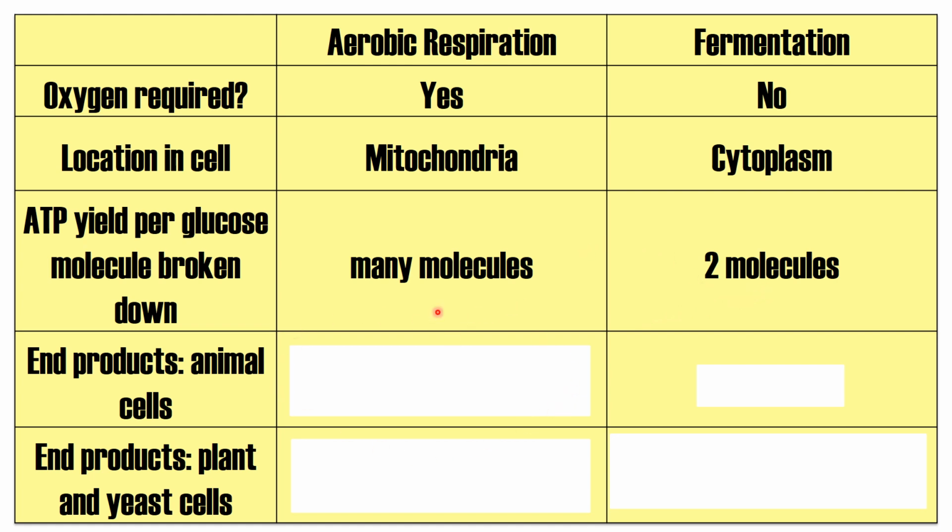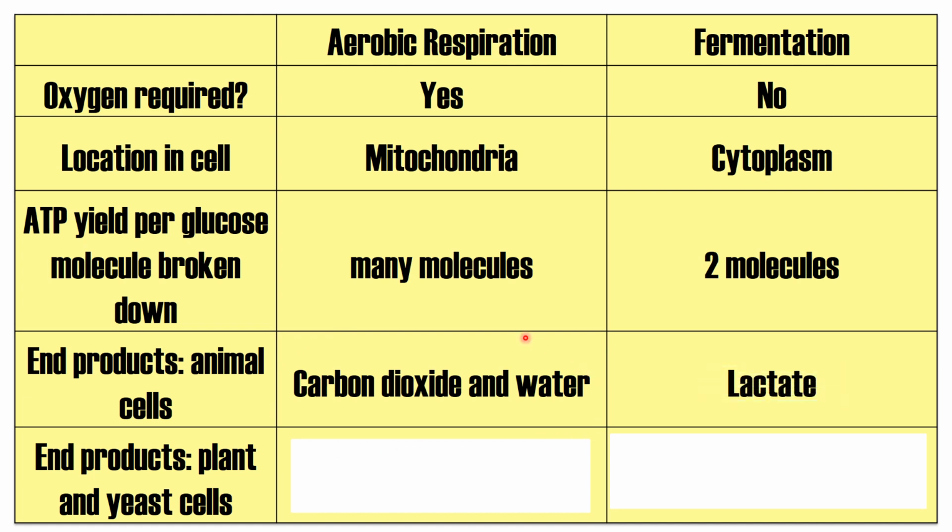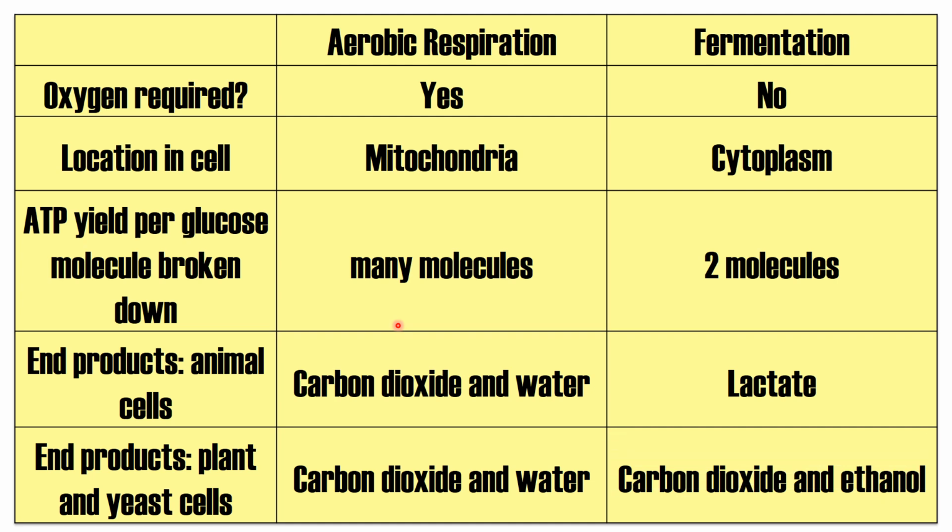End products, for aerobic respiration, carbon dioxide and water produced, whereas fermentation, lactate. So this is animal cells. And then aerobic respiration, the end products in plant and yeast cells is carbon dioxide and water, whereas in fermentation, it is carbon dioxide and ethanol. Okay, so just a comparison of the 2 processes that we've been learning about.